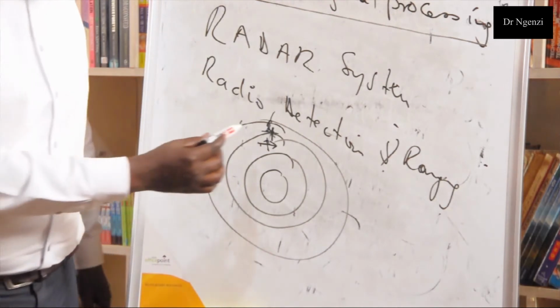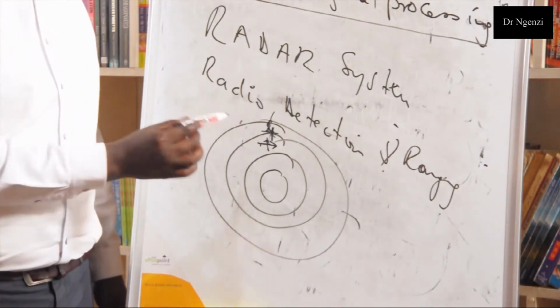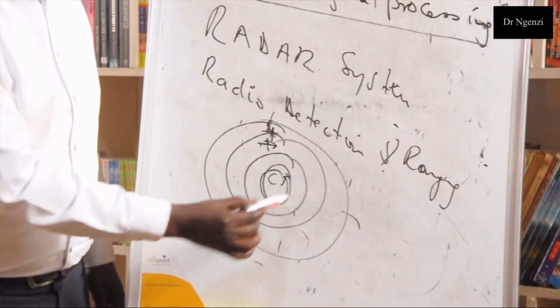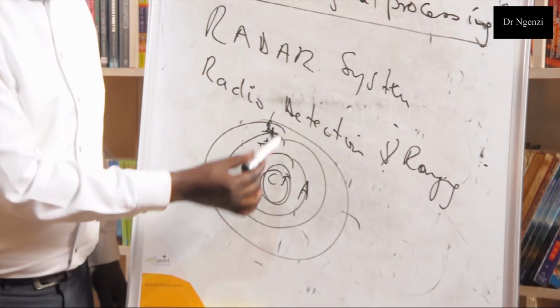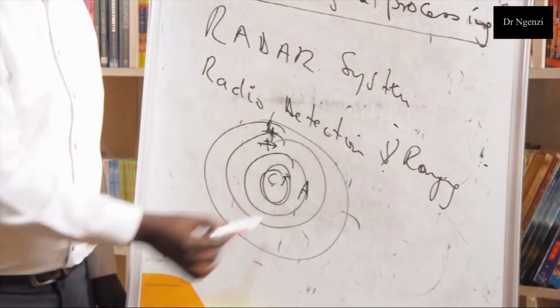The radar system will identify it even before the control tower at the airport can recognize it, and then they will communicate that there is a target coming to this side.